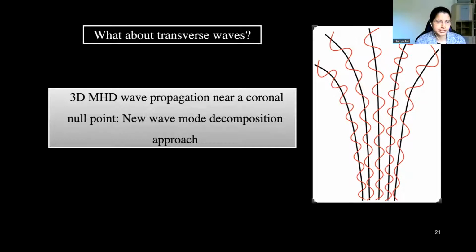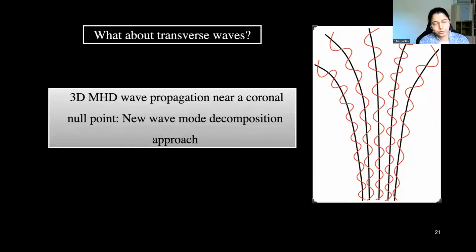If we talk about transverse waves, for example fast magnetoacoustic waves or Alfvén waves, which have oscillations in the plane that is normal to the background magnetic field, their isolation is non-trivial because there are infinite number of vectors normal to a given vector.